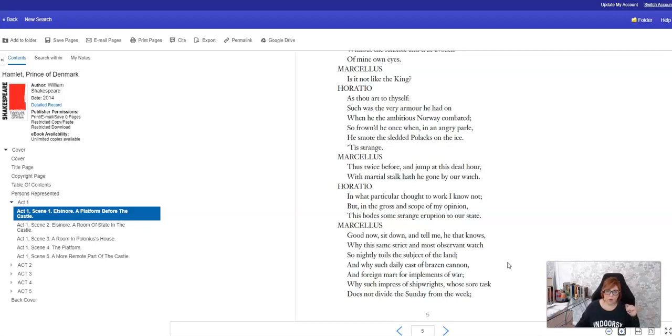Now this is important because Horatio is pointing out that the ghost may be a sign that something bad is going to happen in Denmark. It's like a bad omen. So he thinks that the ghost is a bad omen. That's what he says, this bodes some strange eruption to our state.